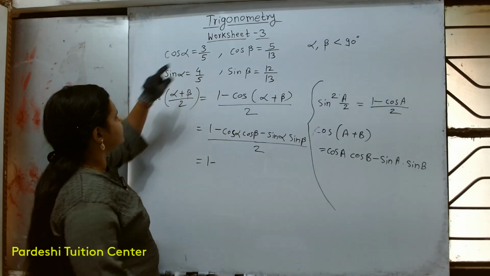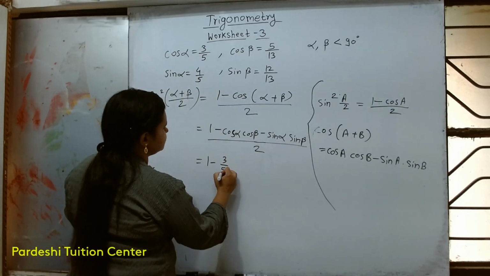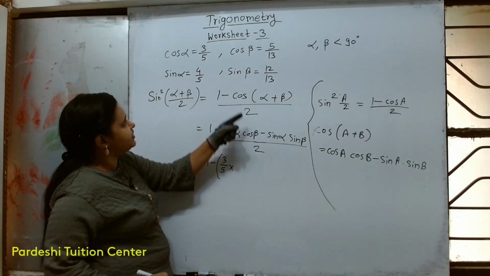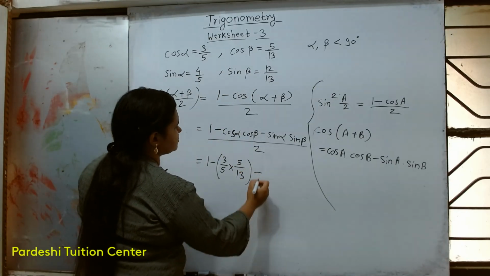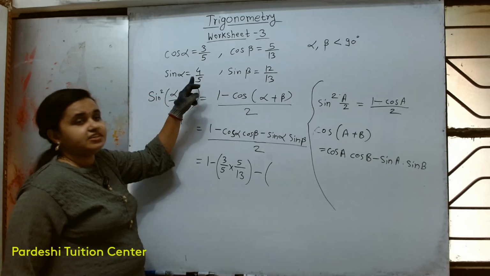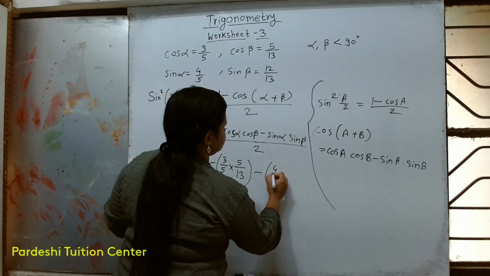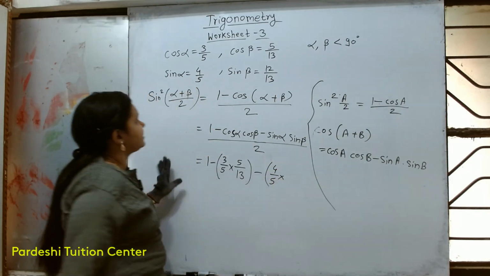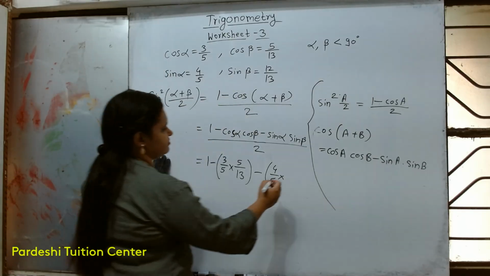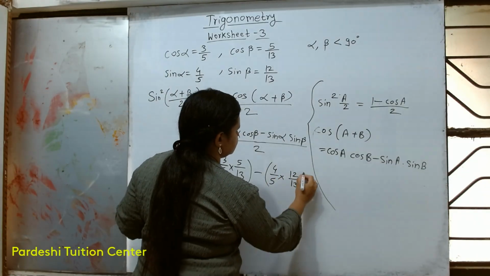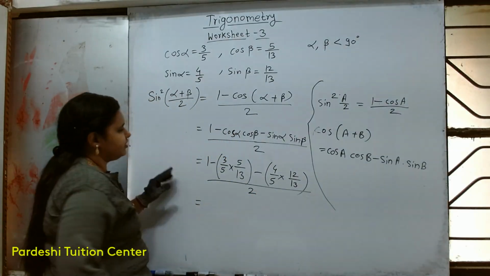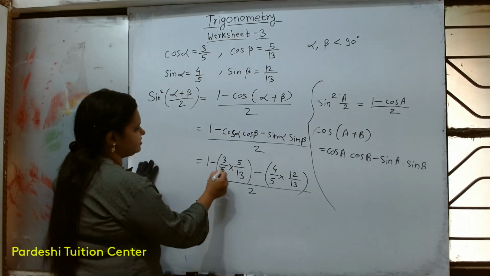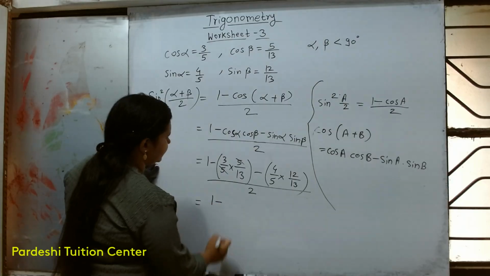So cos alpha was given as 3 by 5, multiplied by cos beta, which is 5 by 13, minus sin alpha, which is 4 by 5, and sin beta is 12 by 13, and this is upon 2. So 5 again will get cancelled, and it will be 1 minus 3 by 13.